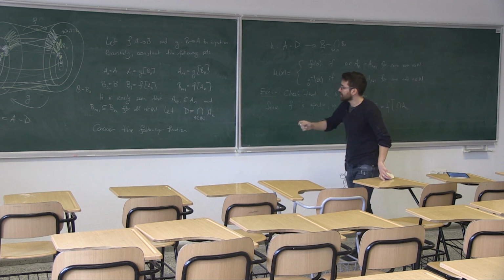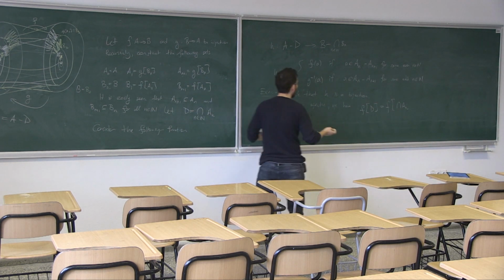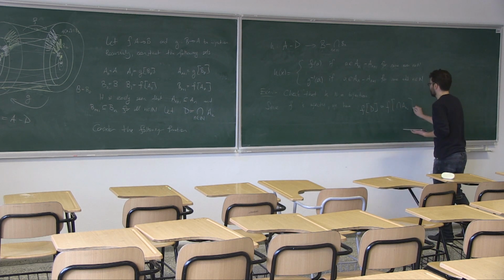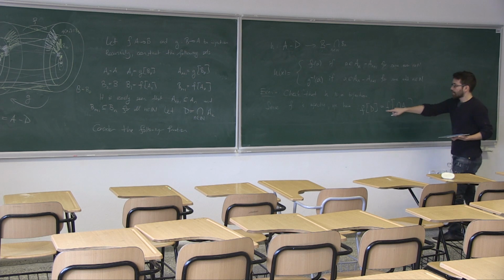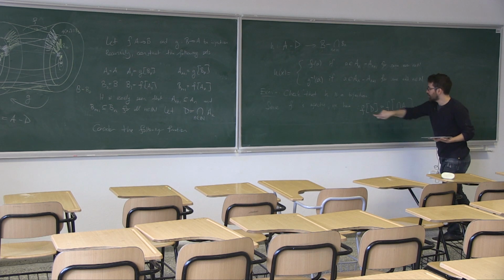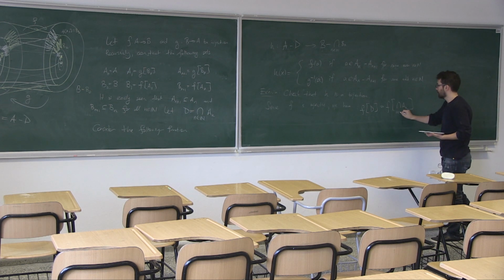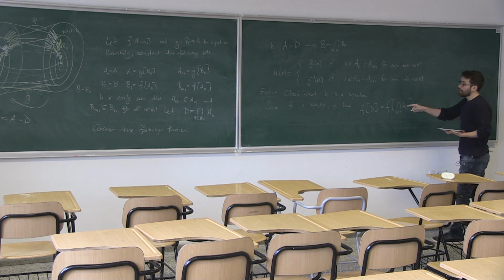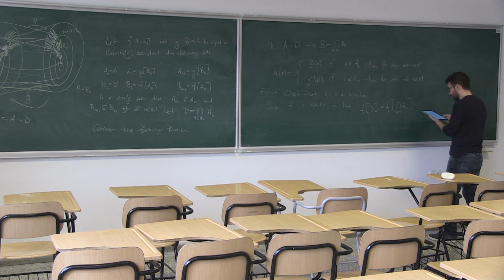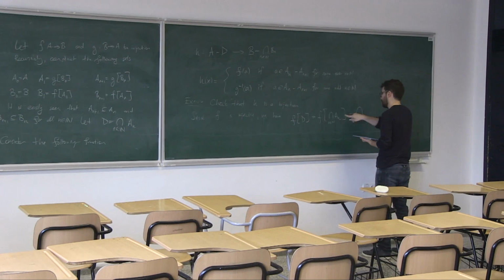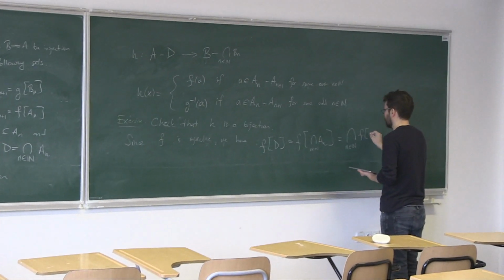Anyway, the image of D under F is the image of this intersection. Now, because F is injective, you can take this intersection out, okay?